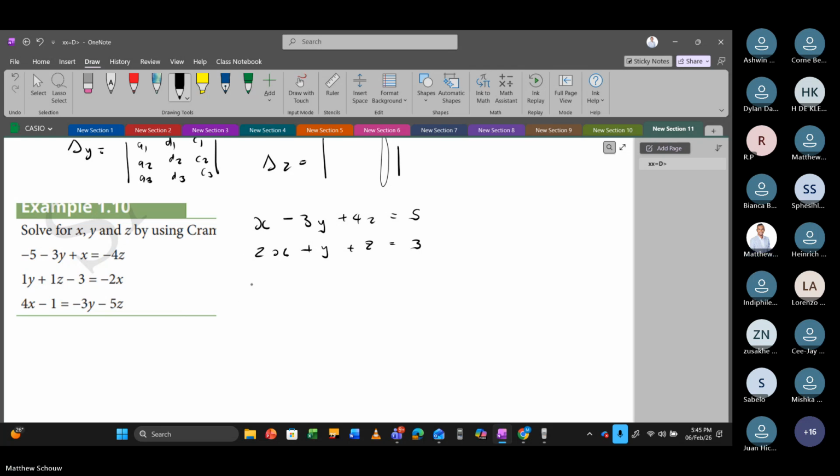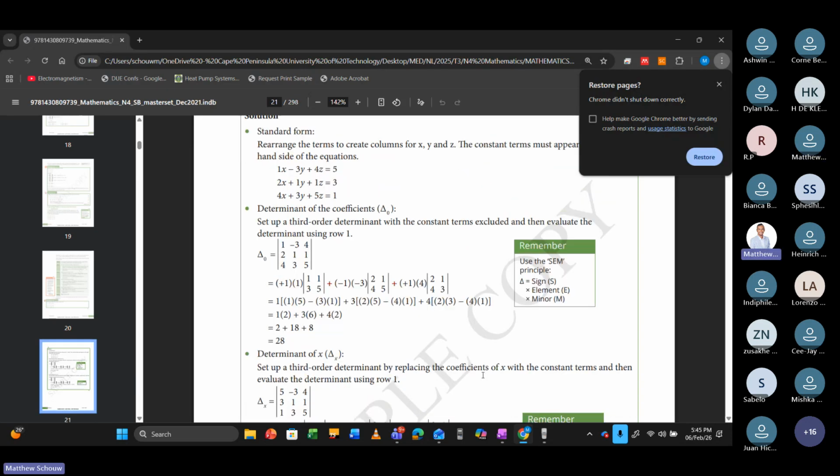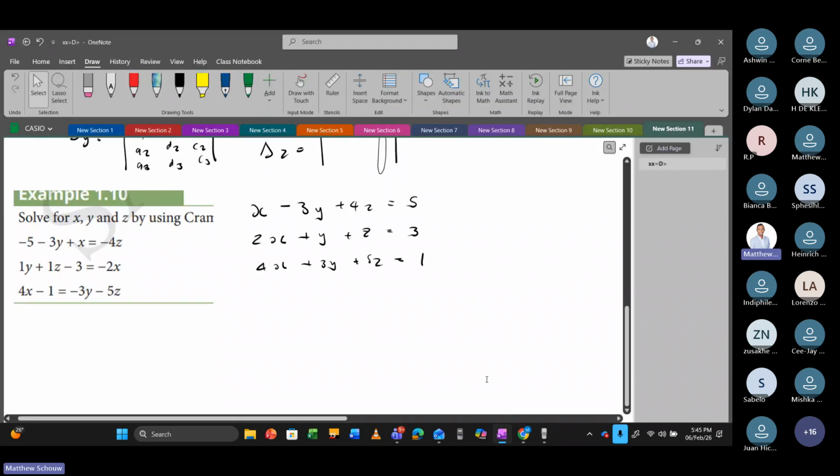In this case, it's 4x plus 3y plus 5z equals 1. Are we all happy with this? Okay, perfect.